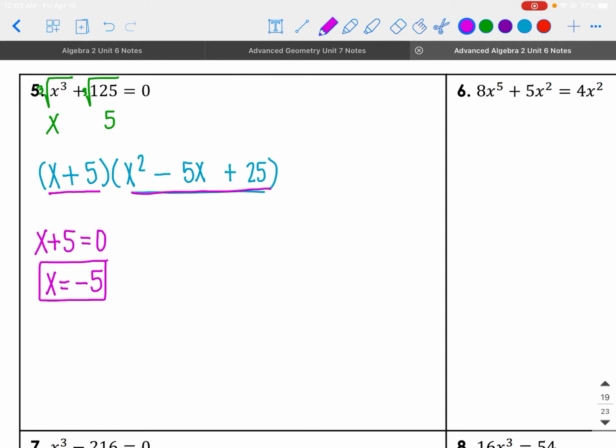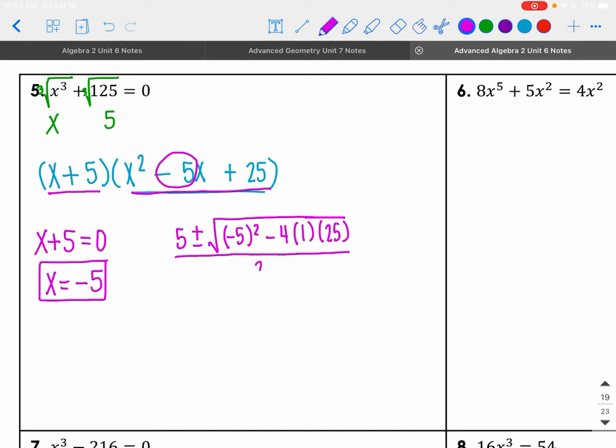The other one, let's just do quadratic formula. So negative, remember your b is here in the middle, so that would be -5 is just 5 plus or minus the square root of b squared minus 4ac all over 2a.